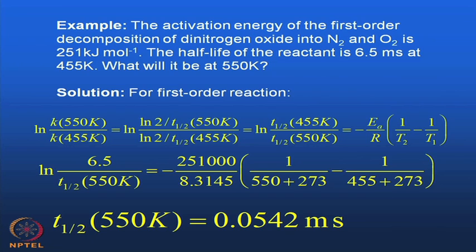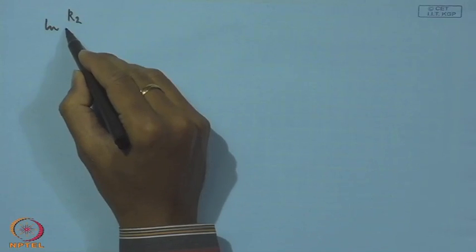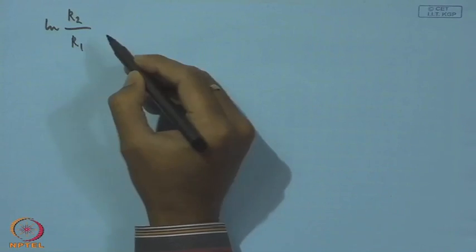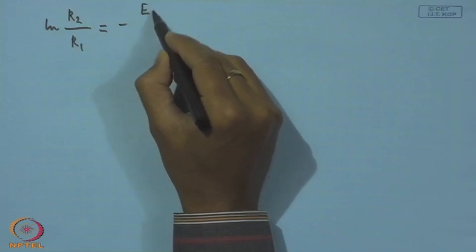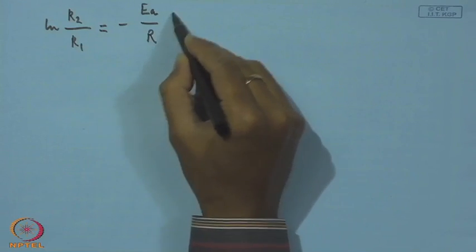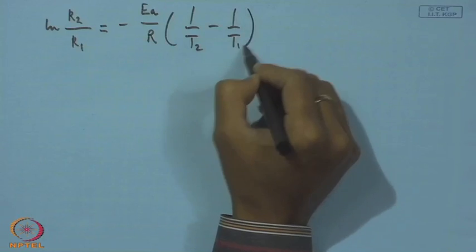Again we should refer to the Arrhenius equation: ln K2 by K1, where K2 is at temperature 2, is equal to minus EA by R into 1 by T2 minus 1 by T1.